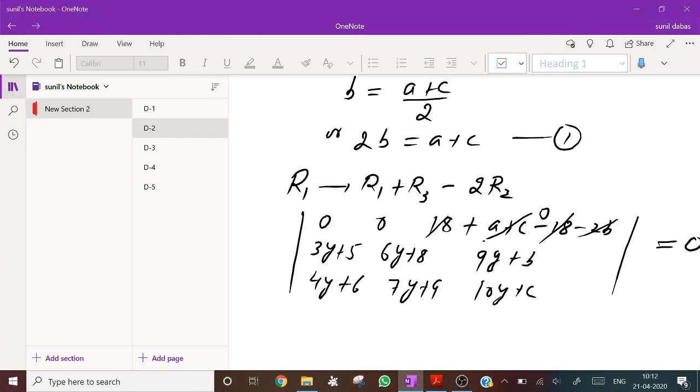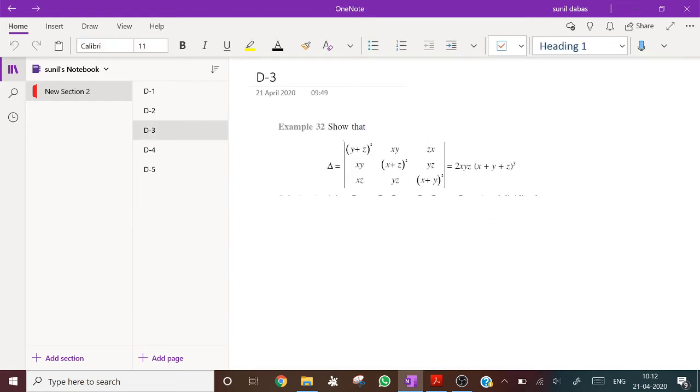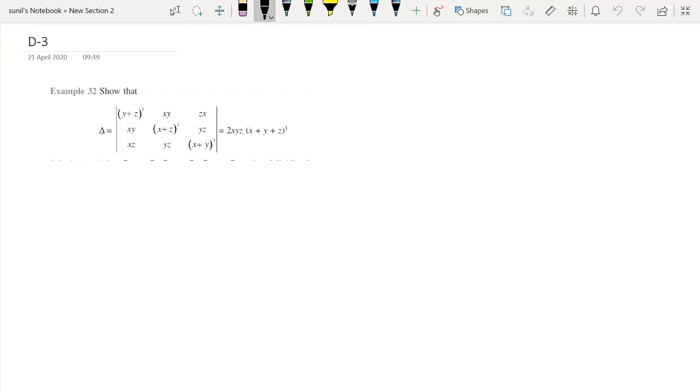Now we have another question, and this question that I'm going to solve is one of the most important questions, and students, you are required to see the solution carefully, because it is not an easy question, and just try to see how we are going to simplify it. Since in the determinant you see that perfect squares and products are there, first we make all the elements identical.